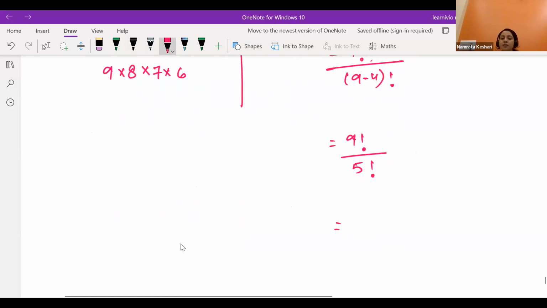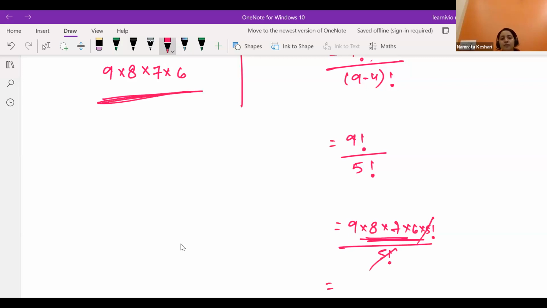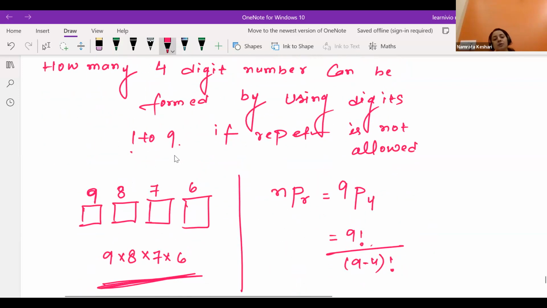That means 9 into 8 into 7 into 6 into 5 factorial, and here 5 factorial cancels, so we are left with the same things. Yes, ma'am. Yes, sir. So either you use this formula or you use the space filling method. In the exam, whatever you are doing, you will be getting full marks for the same.